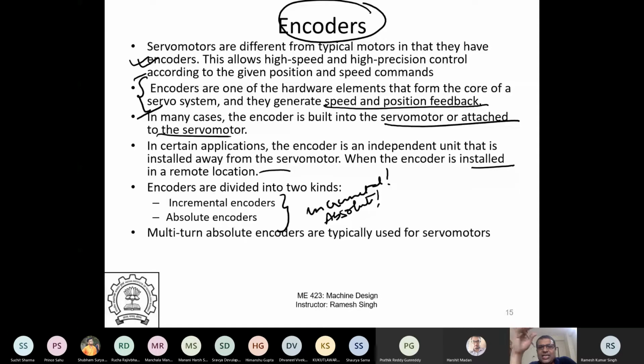So this is a general statement which you have made, that incremental gives a change in something and absolute gives its value, right? But what will it mean in terms of motor? In terms of motor, what will absolute give you, which incremental won't? This is the right definition, but in terms of motor, what would the absolute give you?